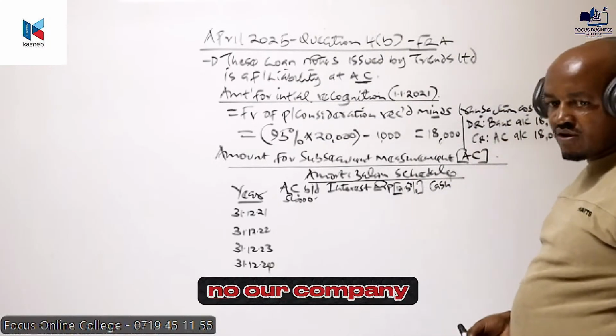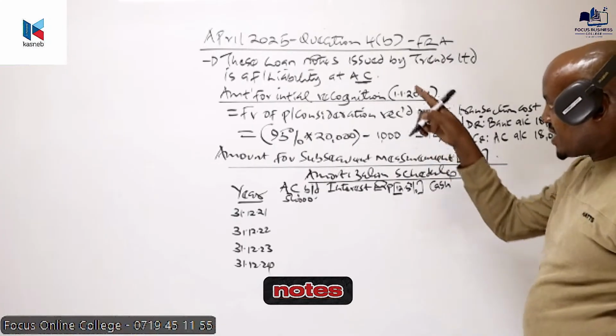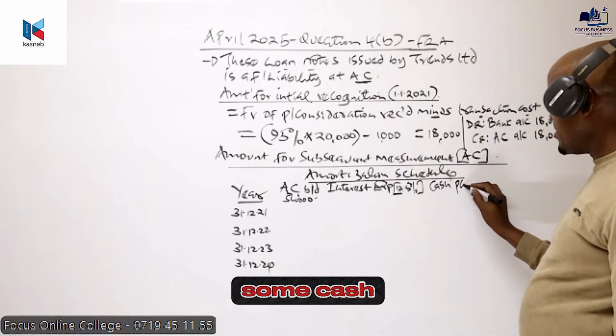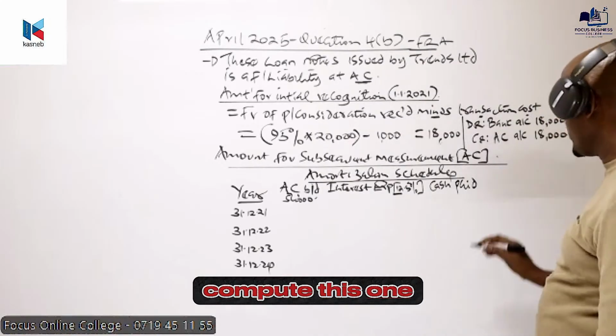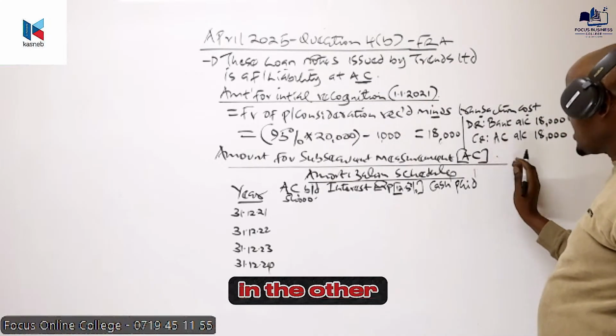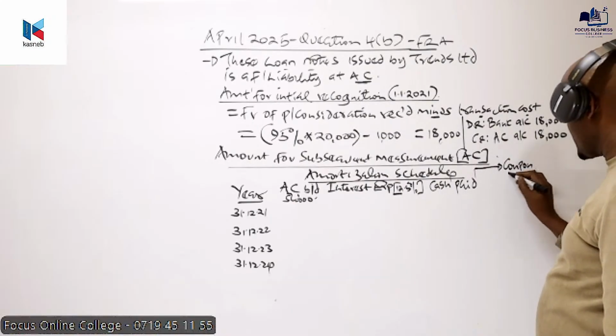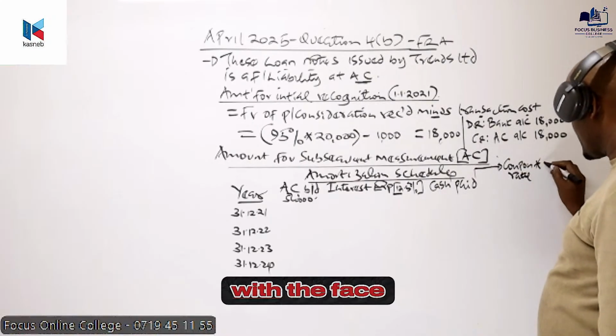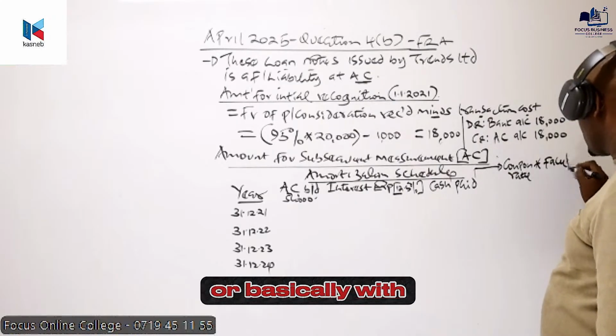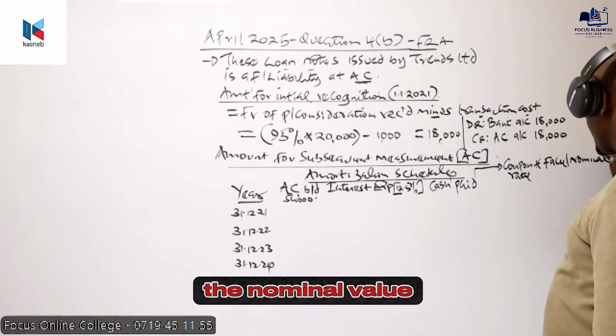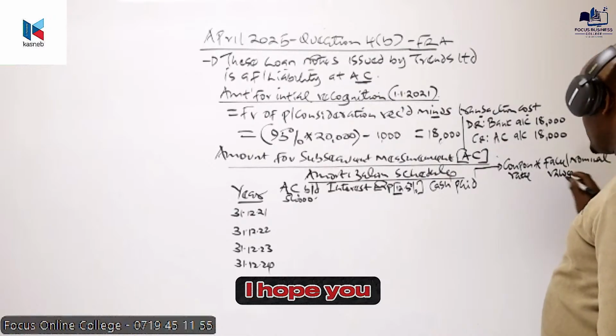Then we have the next column. Will it be for the cash received? No. Our company has issued raw notes, so our company will be paying some cash. And to compute this one, just like what you have done in the other question, we take the coupon interest rate and multiply that with the face, or nominal value, of this raw note.